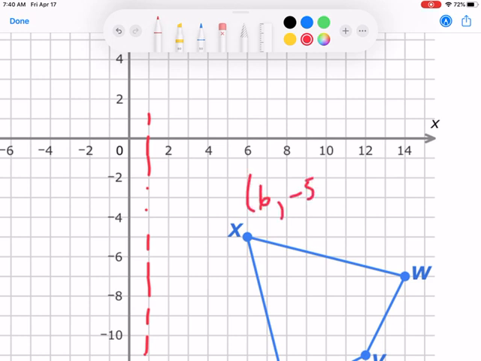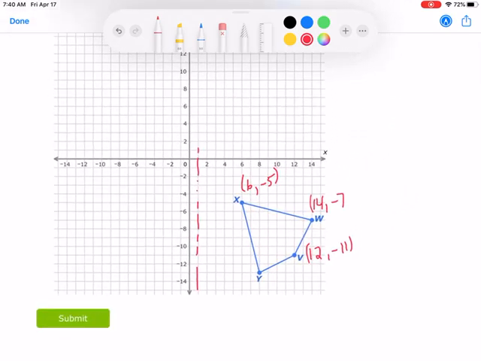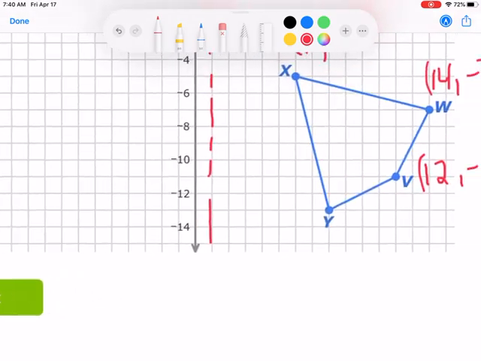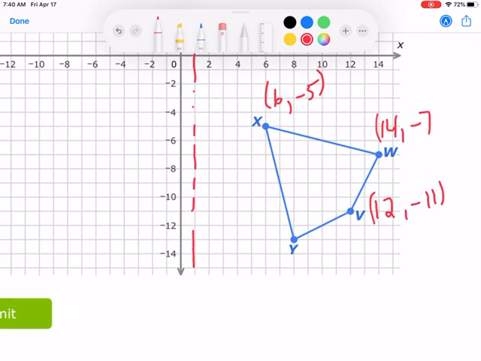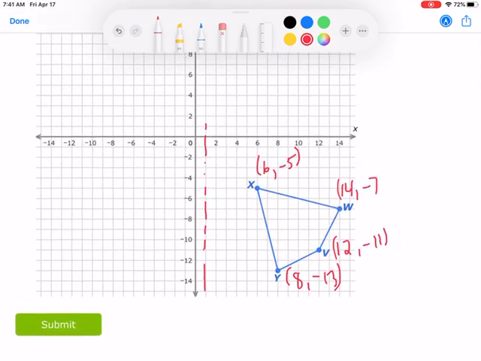W, it says, 14, -7. All right, lovely. V, it says 12, -11. Lovely. And then y, it says 8, -13.